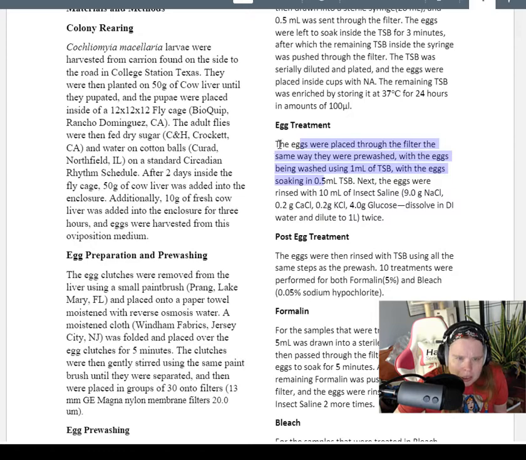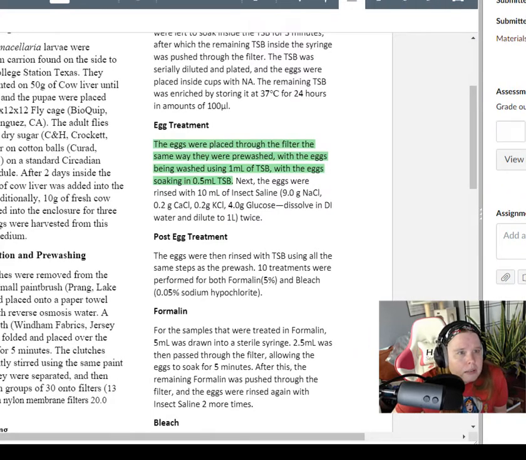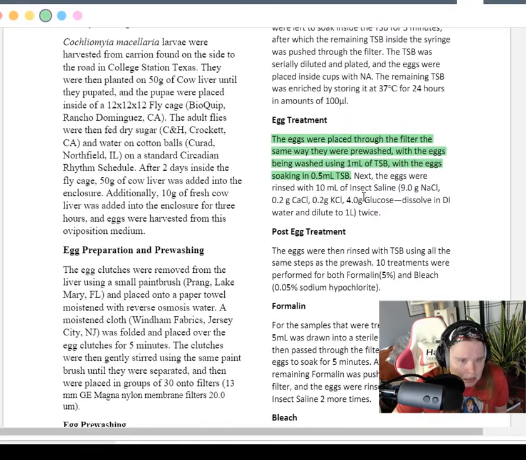Yeah, so you've already actually written all this out in the pre-wash. That's the whole point of having this previous section. So you can get rid of all this part where it says the eggs were placed in the filter and pre-wash and so on, because we know you just said that. So keep that in mind.